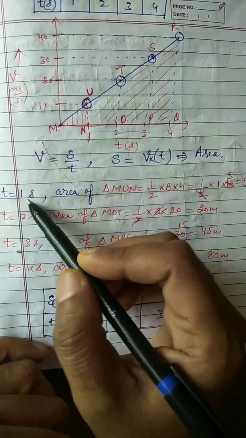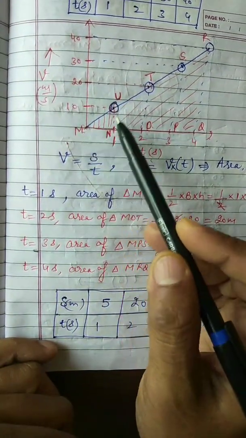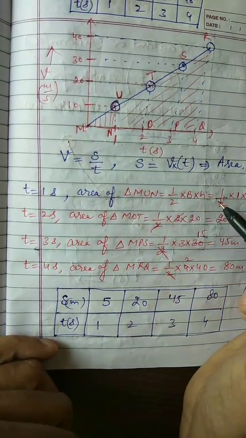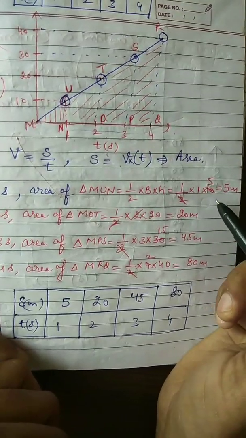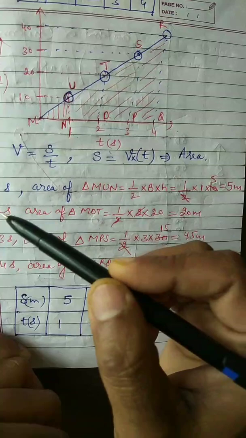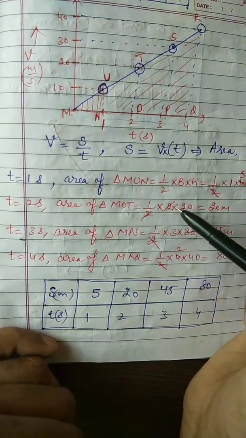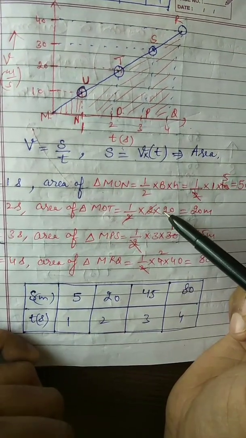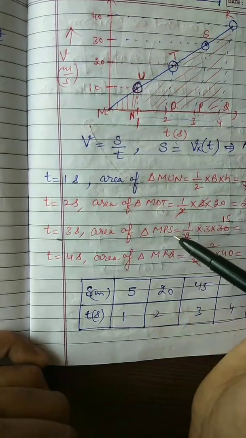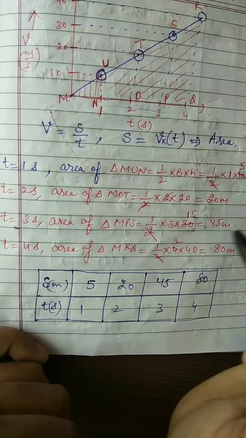So we'll start with time equal to 1 second, the area of this triangle MUN. What is the area of a triangle? Half into base into height. By substituting the values, we get displacement equal to 5 meter. For 2 seconds, the area of triangle MDT is half into 2 into 20, 20 meter. For 3 seconds, the area of triangle MPS is half into 3 into 30, 45 meter.